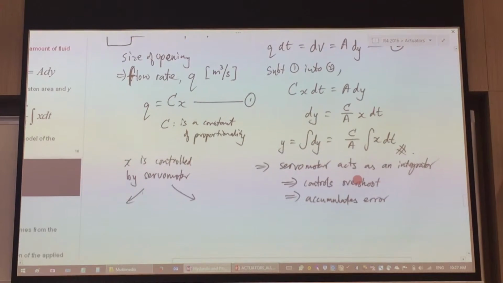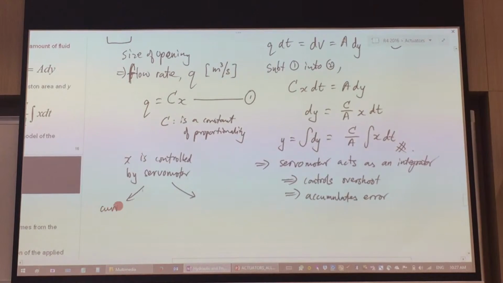And how it relates to the servo motor is that the current controls the position and the duration of the current. That means when you apply the current, how much time you apply it, you will control the rate. And the servo motor itself is actually an integrator. That's an insight for the school.